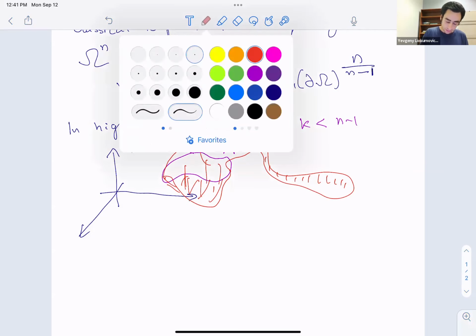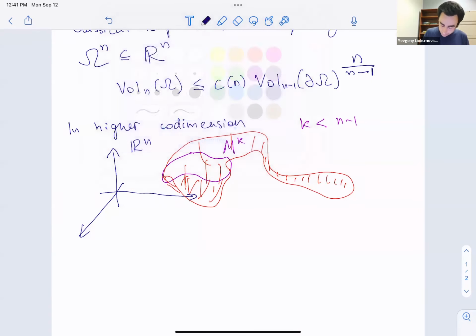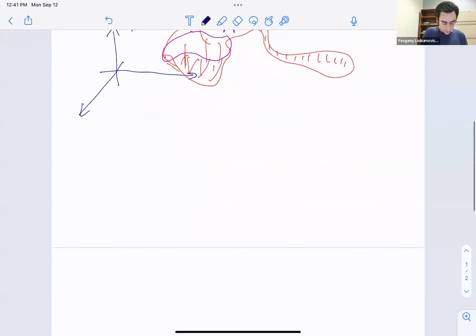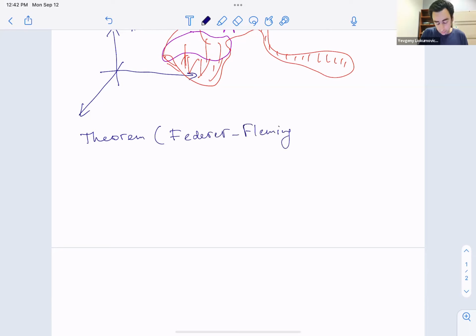And then there's indeed a very important inequality of this kind that was proven by Federer and Fleming in the 60s. In fact, it comes out of their deformation theorem, which they proved with a slightly different purpose, but as a byproduct of their deformation theorem, we have this isoperimetric inequality.